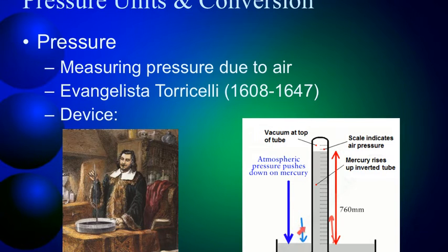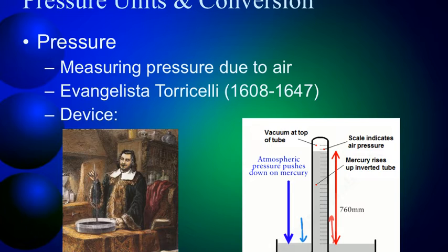It's like the difference between Kansas City and Denver, Colorado. There's less air pressure in Denver, usually, because there's a shorter distance between you and, well, outer space. So there's less air pushing down, which means there's less force pushing up the tube, and the level inside would drop.